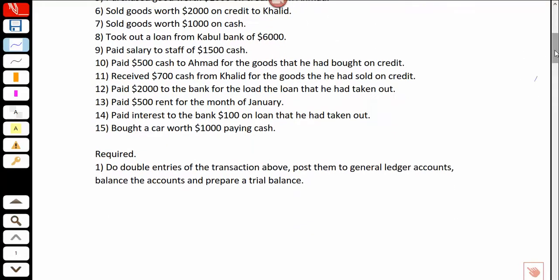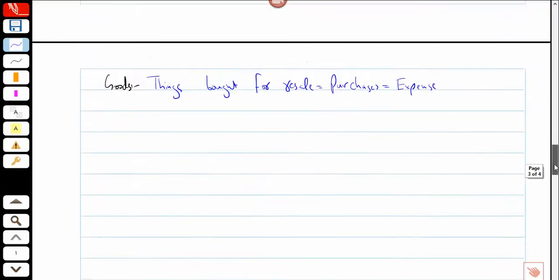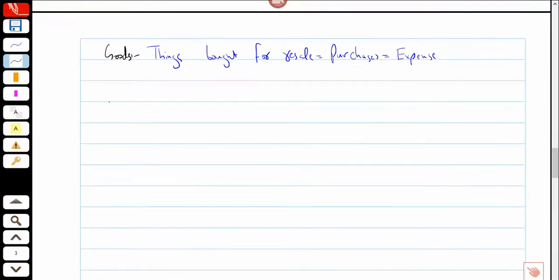Now, we bought goods. Remember, whether you buy something on credit or on cash, it is purchases. The debit side does not change. The only side that changes is the credit side. So I want to explain something else. Trade payables.